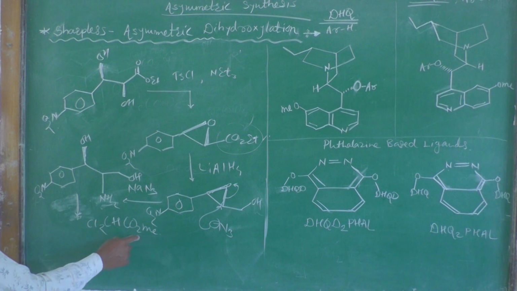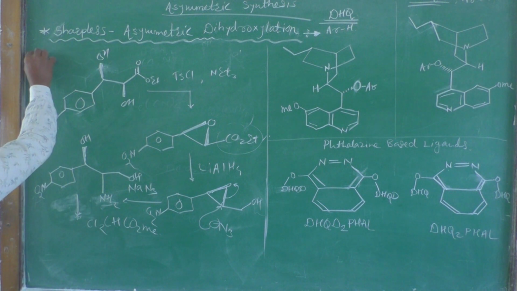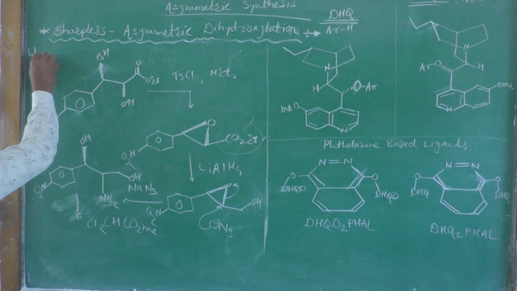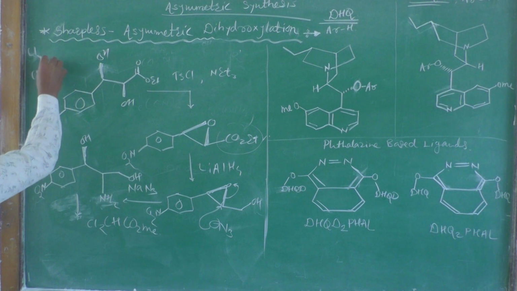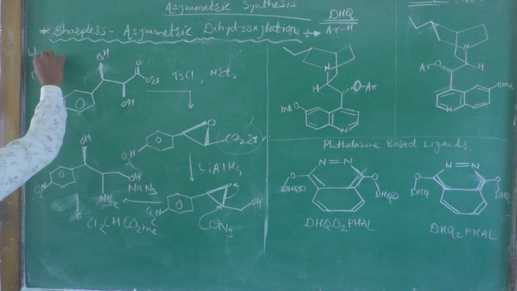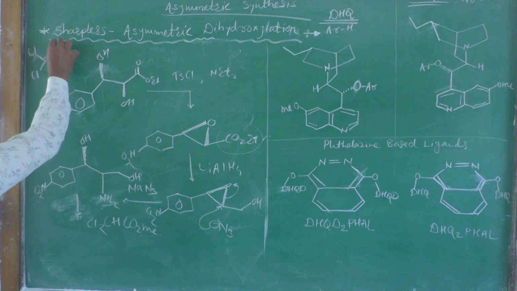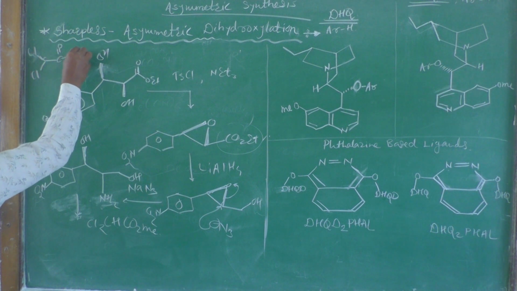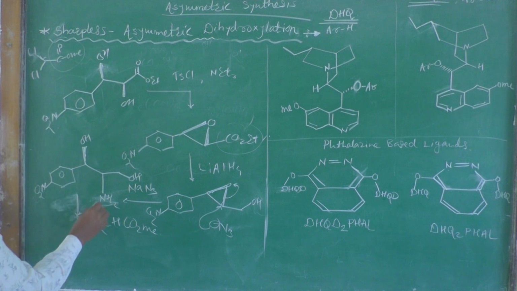So this ester is there. The structure of this will be like this: Cl2CH-COOMe.